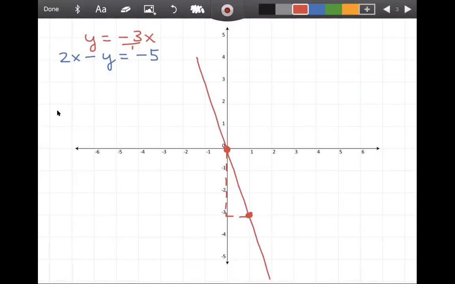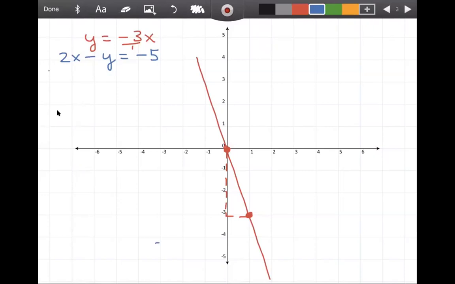All right. Okay, and then 2x minus y equals -5. I'm going to do that one the same way using the slope and y-intercept. Notice that I need to put it in slope-intercept form.